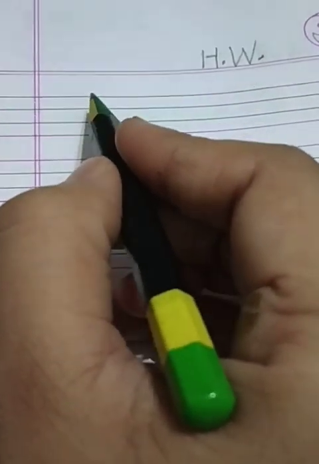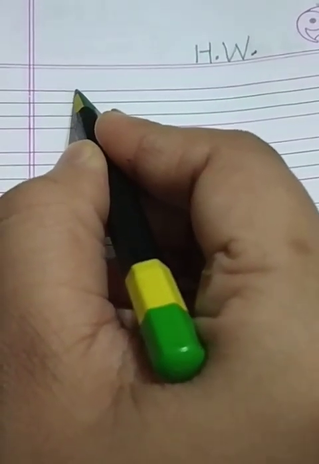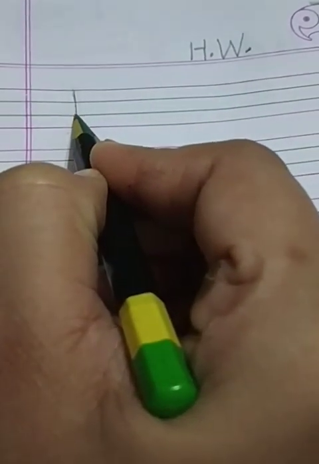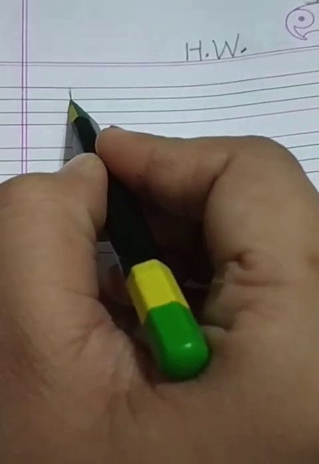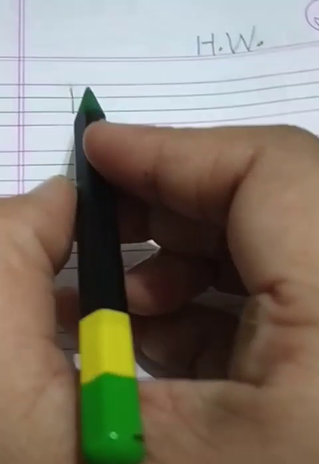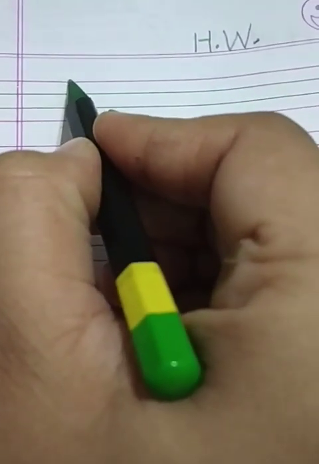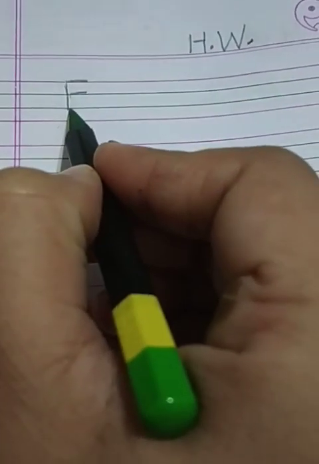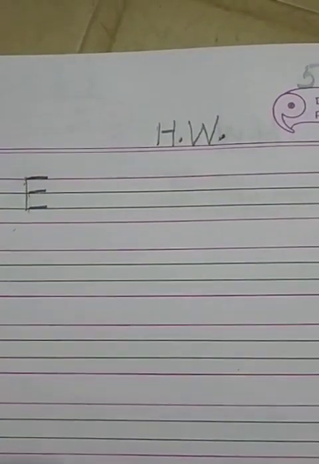What is the first step? The first step is to make a standing line in only the 1, 2, 3 lines, and then make a sleeping line on the red line, then the second sleeping line on the second line, and the third sleeping line on the third line, and this is letter E.